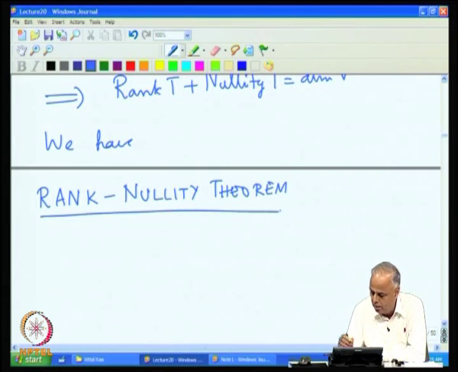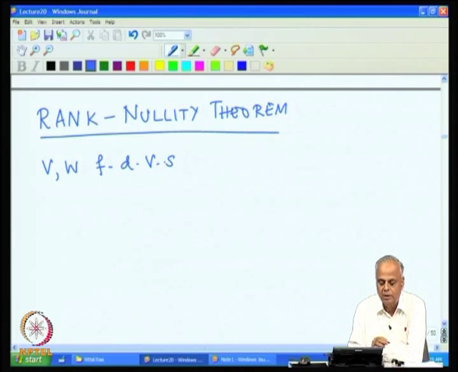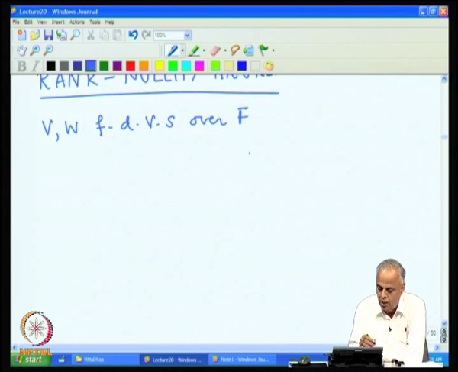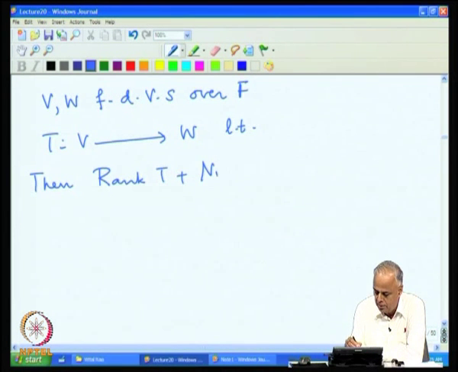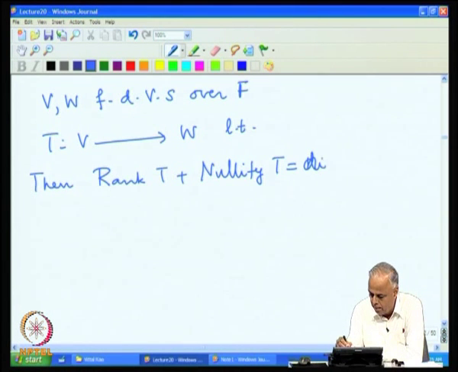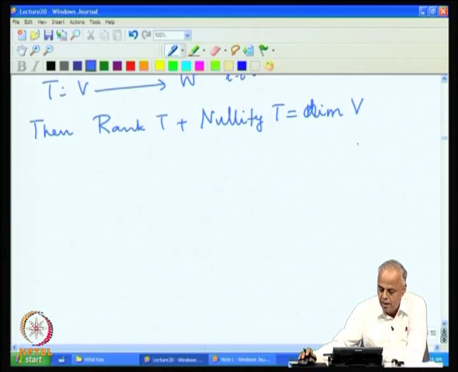The rank nullity theorem is the following: V, W finite dimensional vector spaces over a field F, T mapping V to W a linear transformation, then rank T plus nullity T is equal to n, is equal to the dimension of V. This is known as the rank nullity theorem.